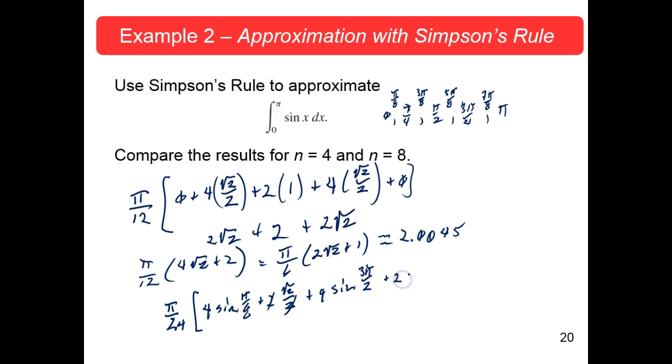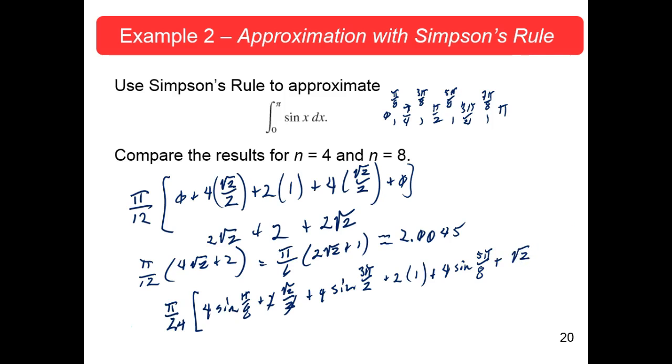Plus twice 1, because sine of pi halves is 1. Plus 4 times the sine of 5/8 pi. That's your root 2 over 2 again. Twice that is just your root 2.